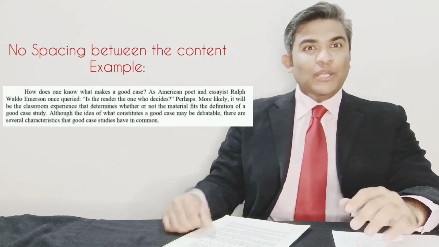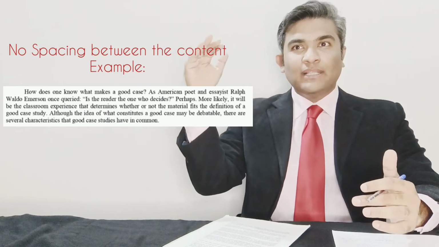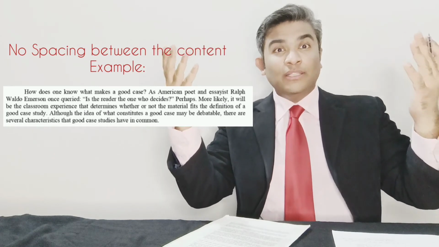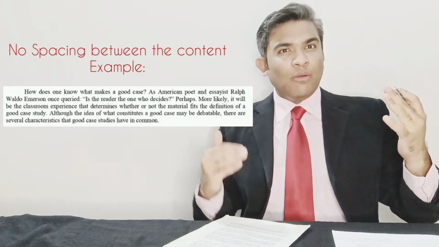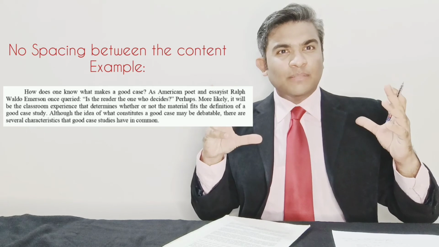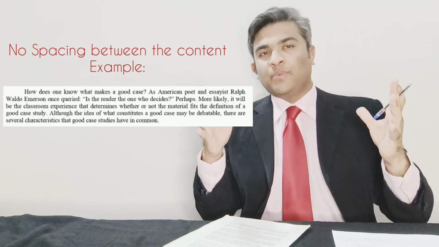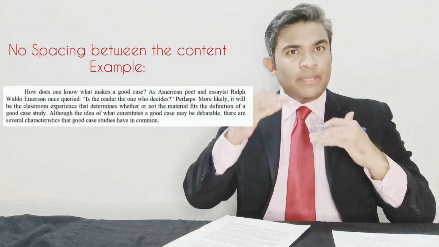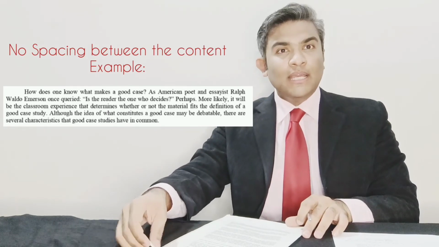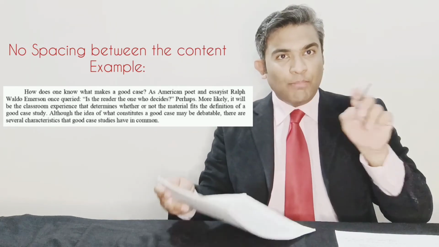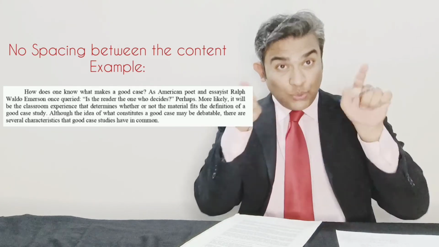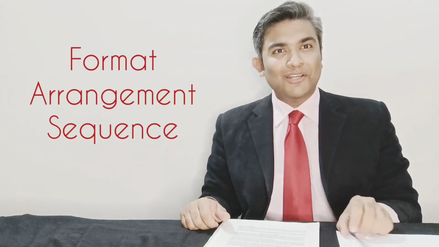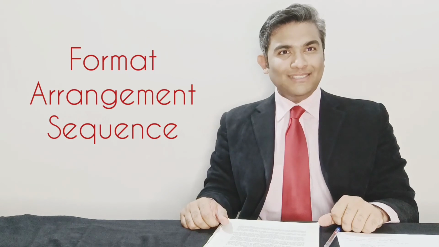When you are putting up the content, here's the heading, for example, the introduction of TikTok, and then you write around 200 to 300 words about the introduction. Don't overdo the introductions, by the way, guys. In that case, there shouldn't be any spacing. It has to be in a block form, in a rectangular form, in a square form, predominantly, and that's how you put your content into the right format, arrangement, sequence, and worthy of reading.